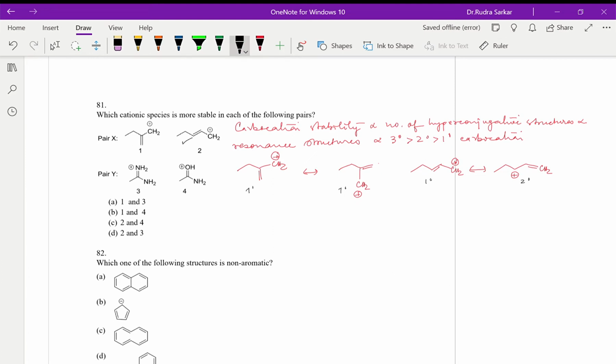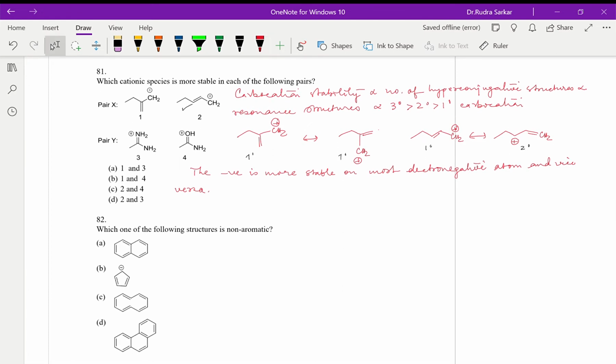For the next one, in pair Y, one should remember that negative charge is more stable on the most electronegative atom and vice versa.